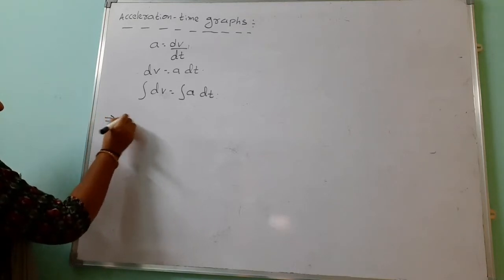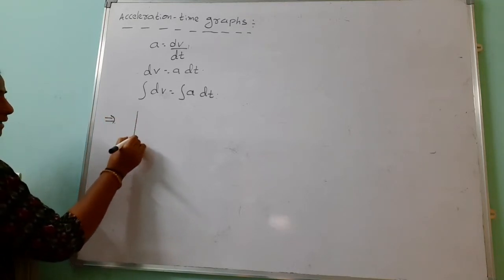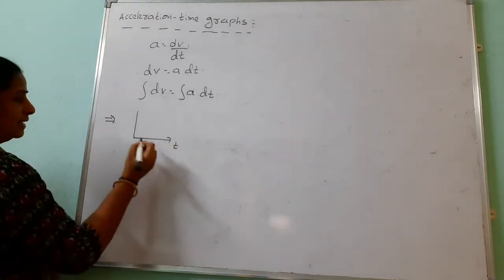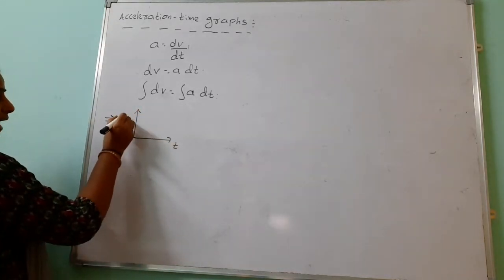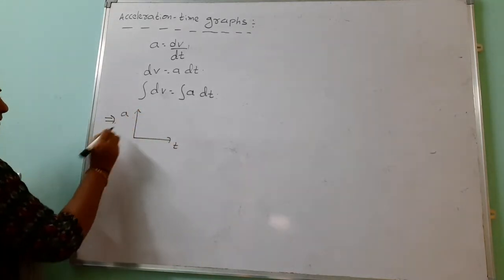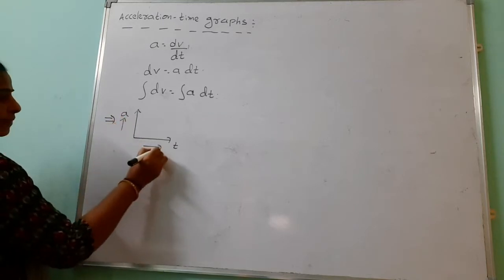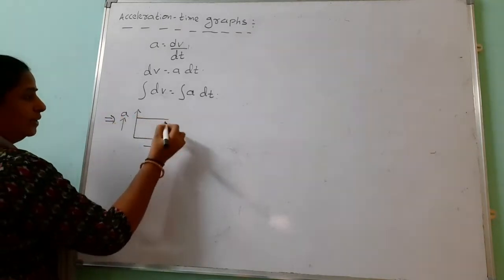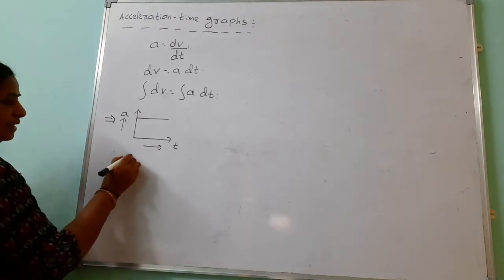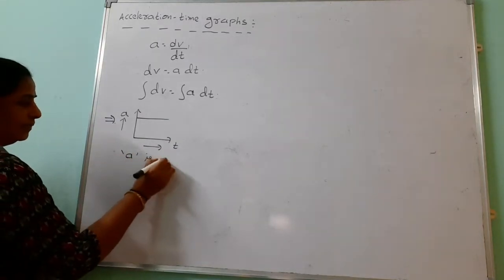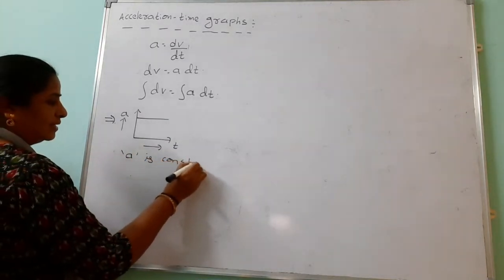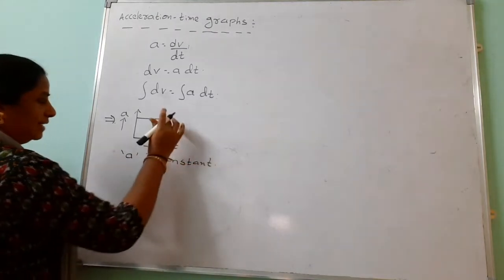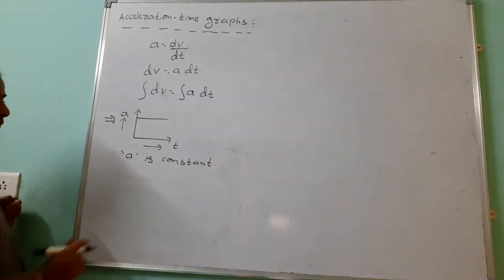One example: time is on the x-axis and acceleration is on the y-axis. If the graph is parallel to the time axis, a is constant; acceleration is not changing with respect to time.